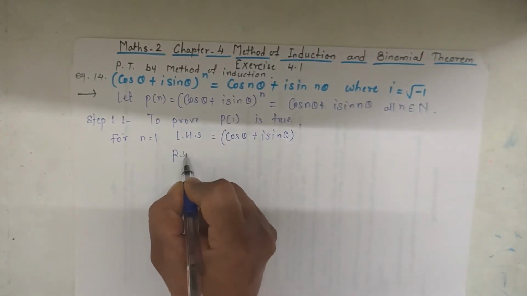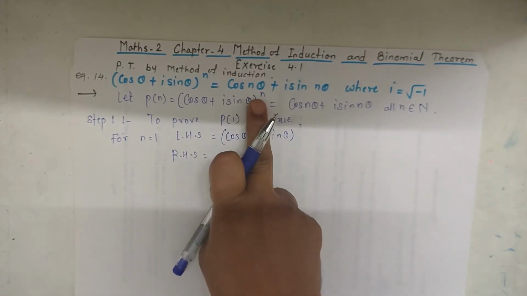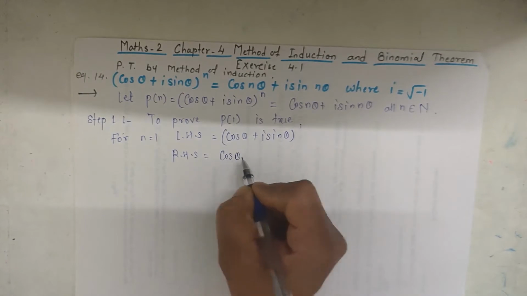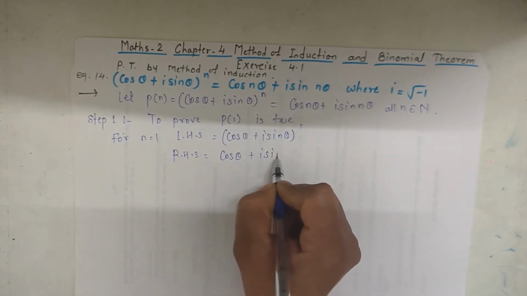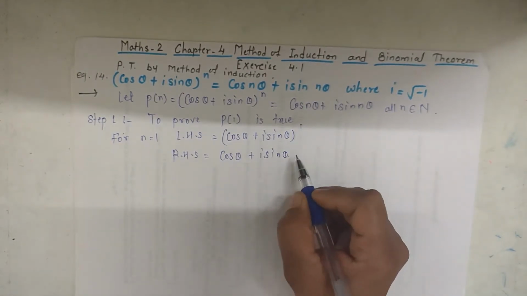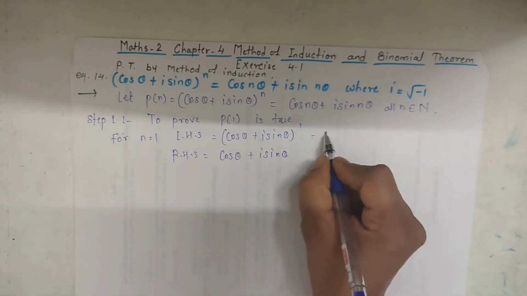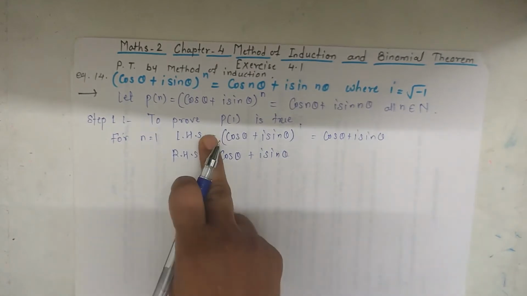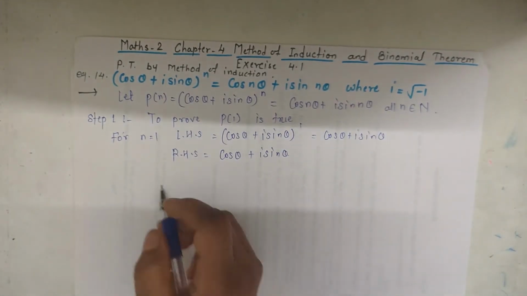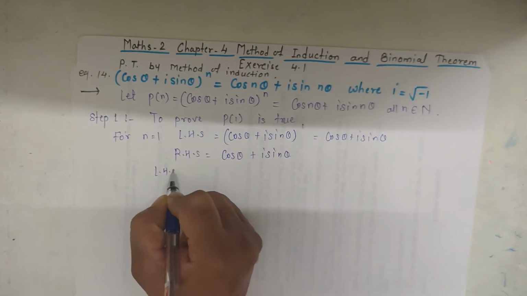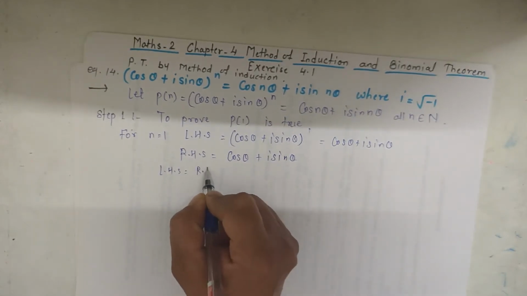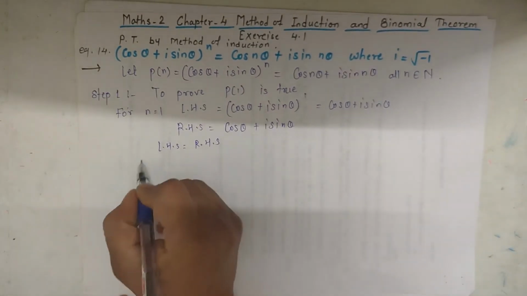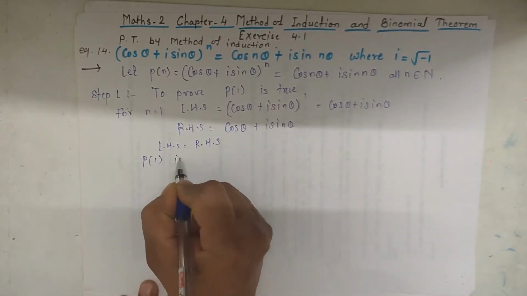In the RHS of the given statement, put n = 1, then we get cos theta + i sin theta. Both are equal, that is cos theta + i sin theta. So LHS is equal to RHS and P(1) is true.